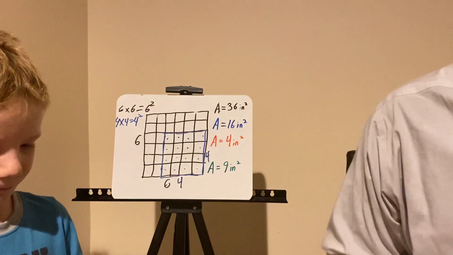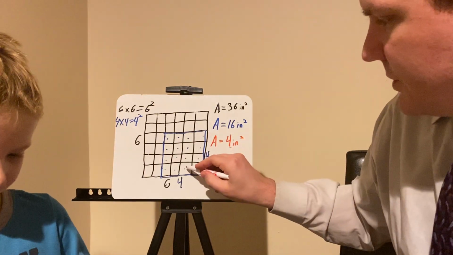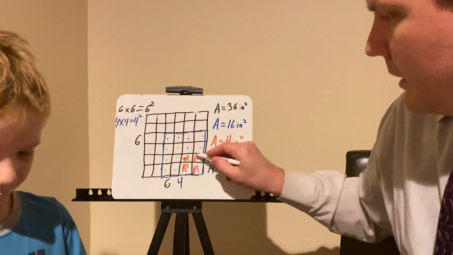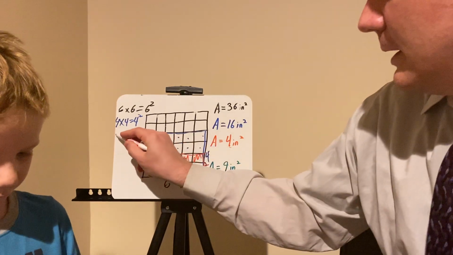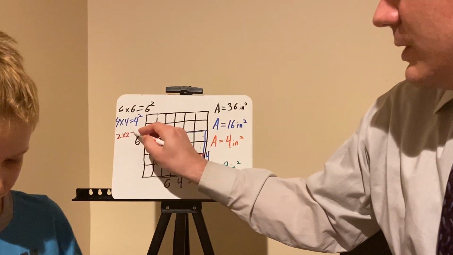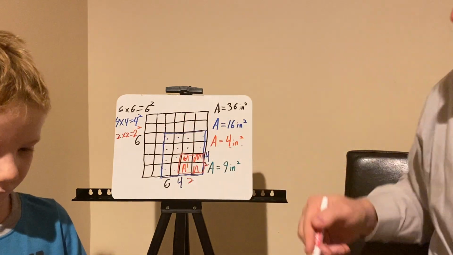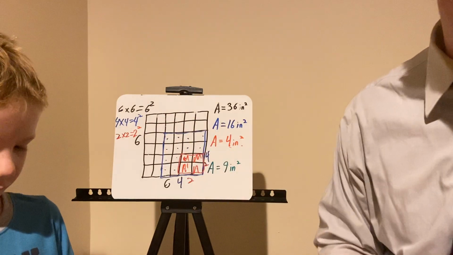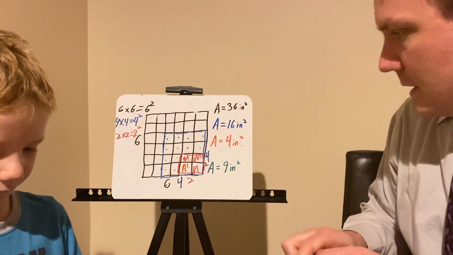Now the red one would be 4, so just use 4 blocks. 1, 2, 3, 4. And make this 2 by 2 square. 2 times 2 equals 2 squared, and so that would be 4 inches. Now you can see I did 2 squared, 4 squared, 6 squared, but the Rubik's Cube itself is going to be my green marker.